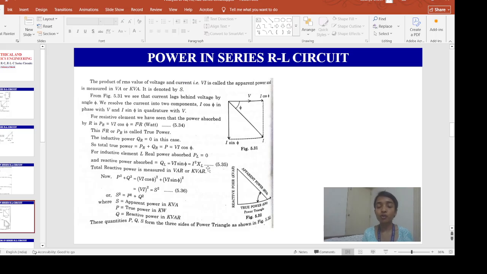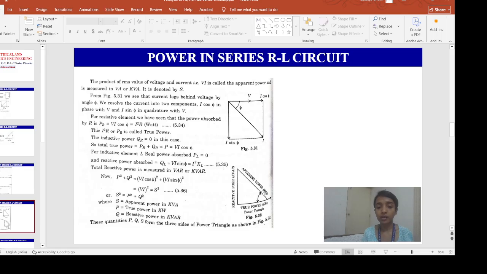Okay, so if we draw this power triangle, this is my base, my true power, here it is my reactive power, and this is my apparent power. Apparent power is S, true power is in kilowatt, apparent power is in kVA or kilovolt ampere, and reactive power is in kVAR or kilovolt ampere reactive.